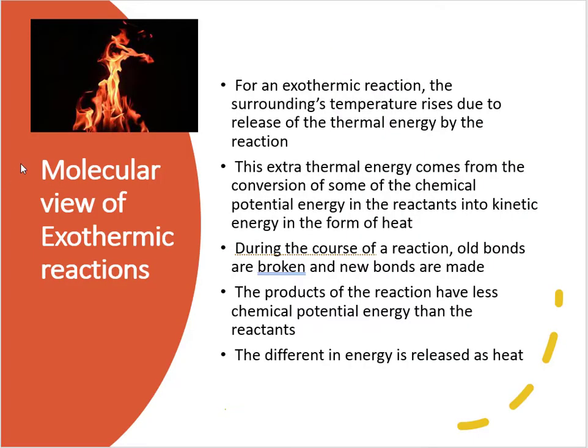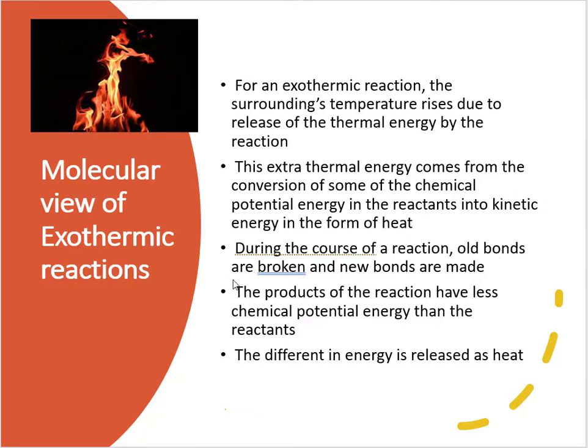Here's a molecular view of exothermic reactions. Again, the surroundings' temperature rises due to the thermal energy being released. That extra thermal energy comes from the conversion of some of the chemical potential energy in the reactants into kinetic energy, forming those products, and that is released in the form of heat.